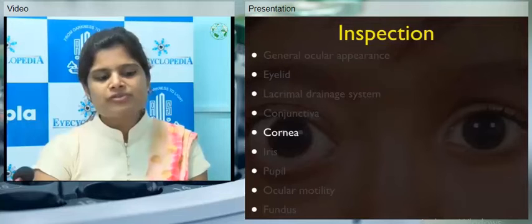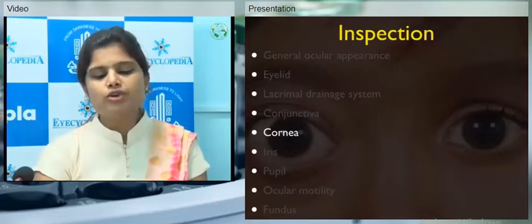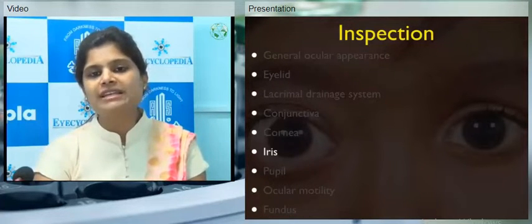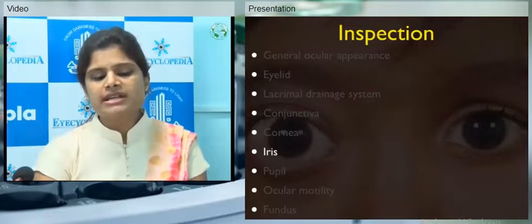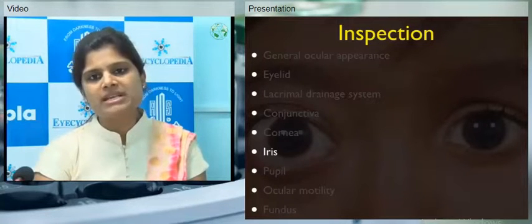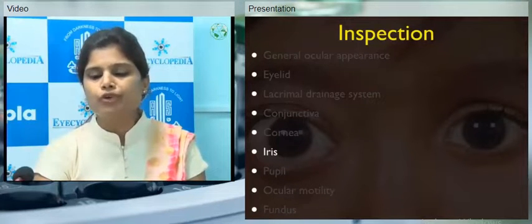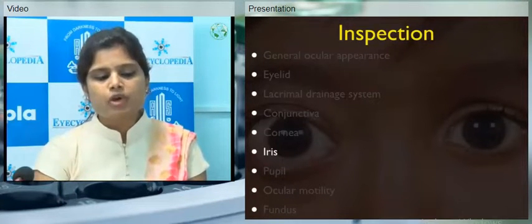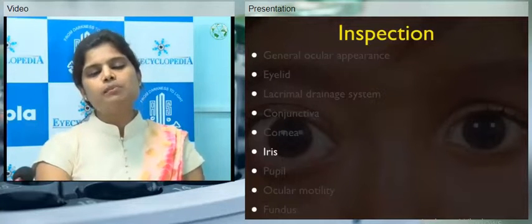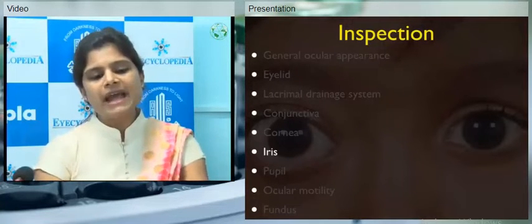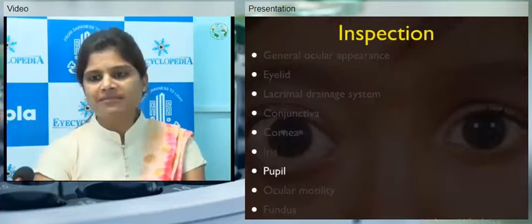The next, inspection of the iris. In the iris specifically you look for any presence of Lisch nodules. The Lisch nodules, that is the hypopigmented patches that can be present in the iris, give you a clue that the patient could have neurofibromatosis. Then of course inspecting the pupil is very, very important, because the patient can have a relative afferent pupillary defect.